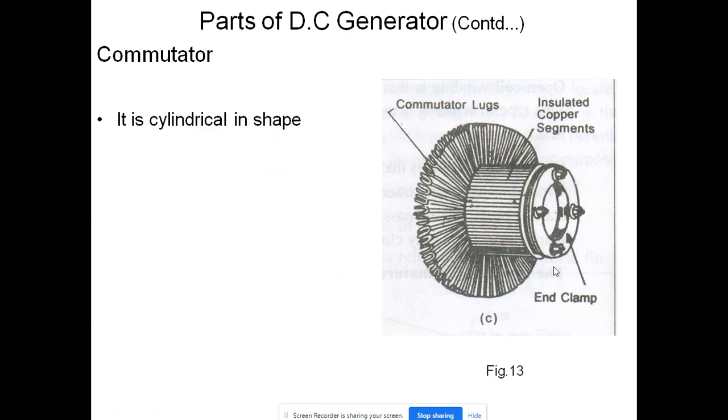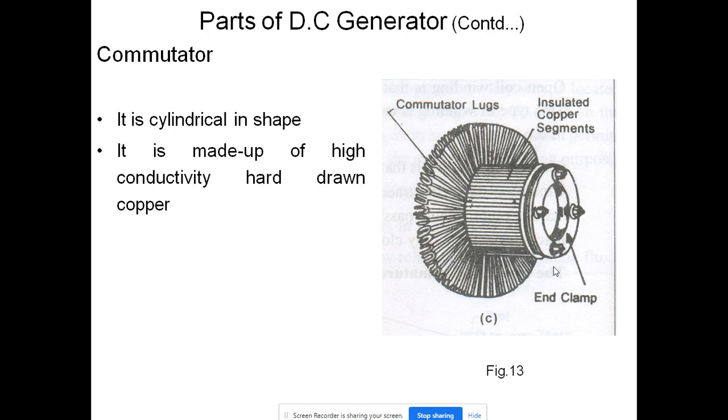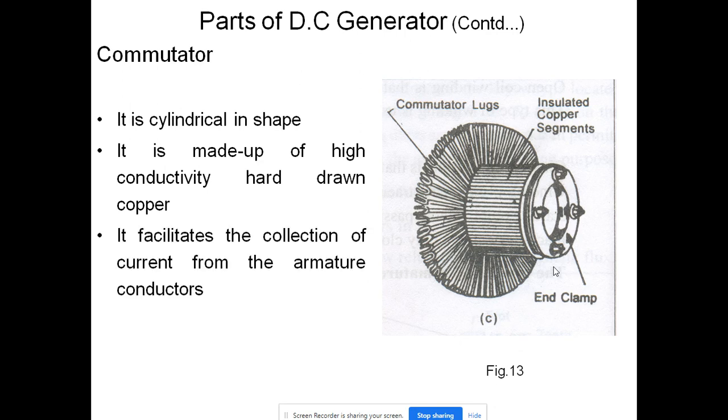And the next part is the commutator. This commutator is cylindrical in shape, and it is made of high conductivity hard drawn copper.